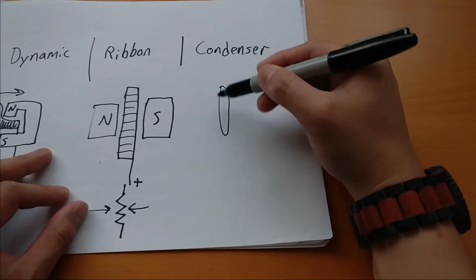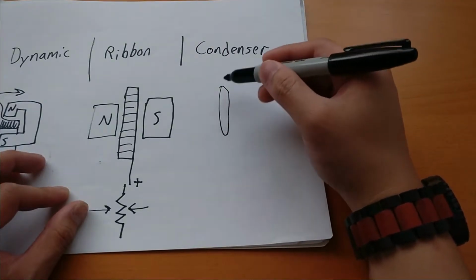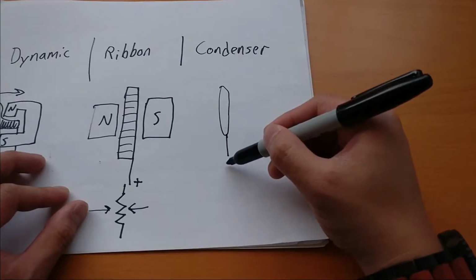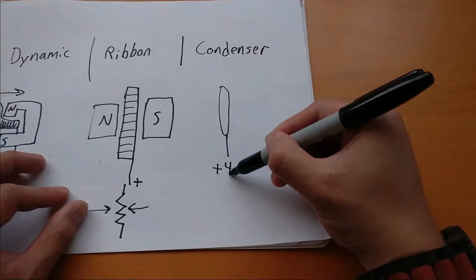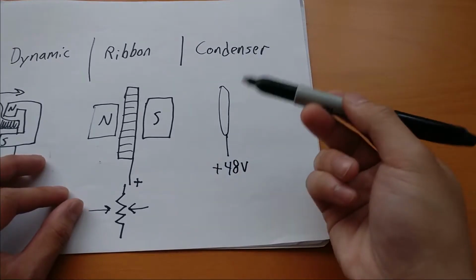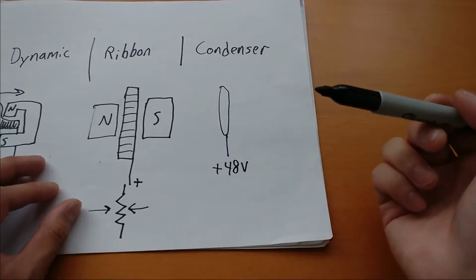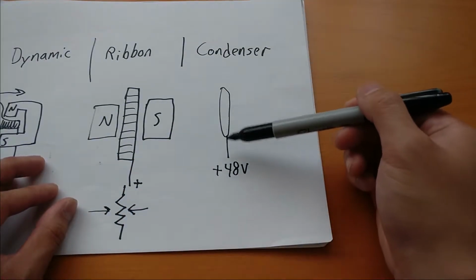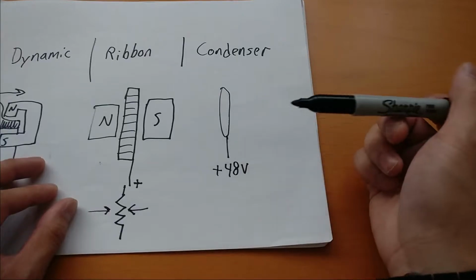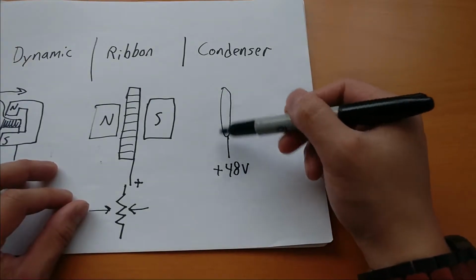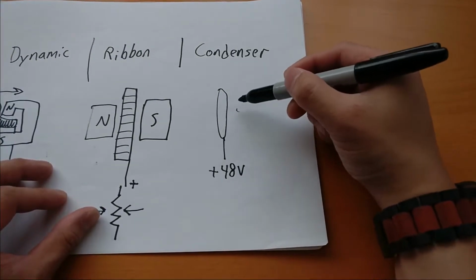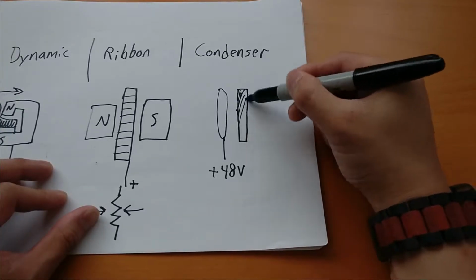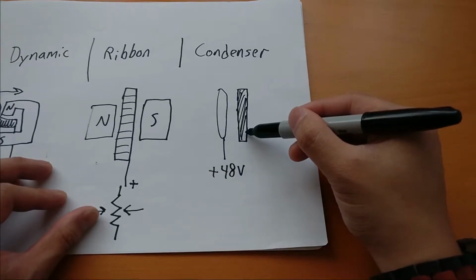they'll have a piece of metallic diaphragm material. This will need phantom power. Usually it's 48 volts. So right now for this Røde NT-1, I'm using the Focusrite Solo to provide 48 volts of phantom power to this diaphragm. This diaphragm will be charged at 48 volts, and it interacts with a backplate that's made of metal.